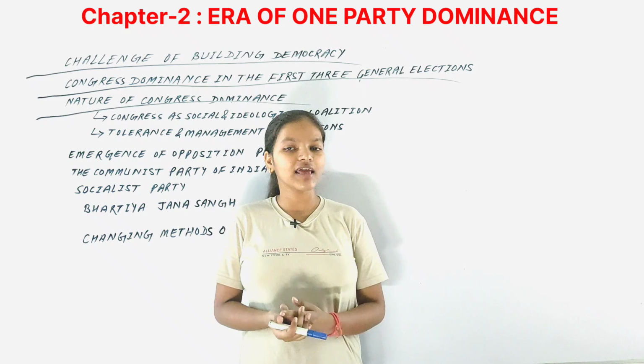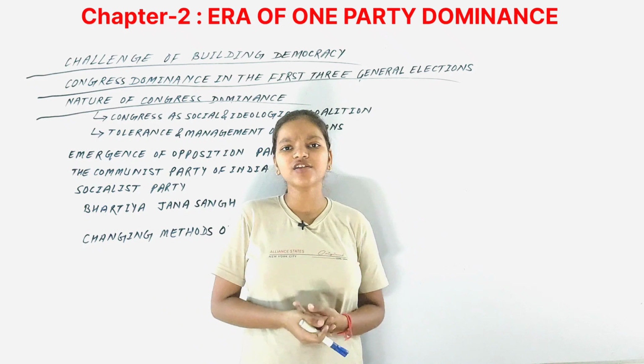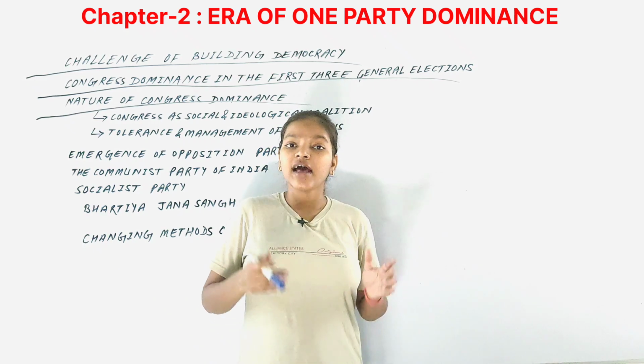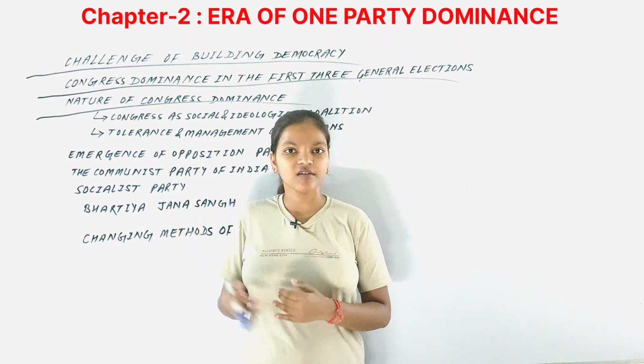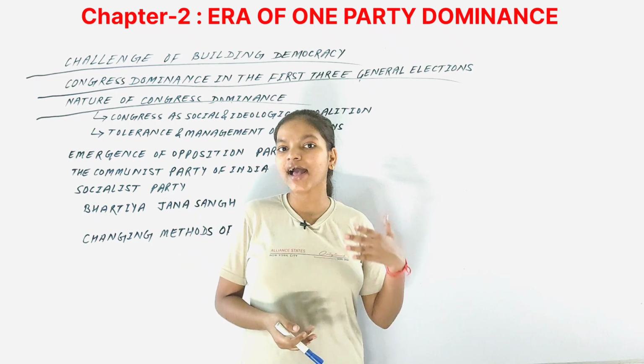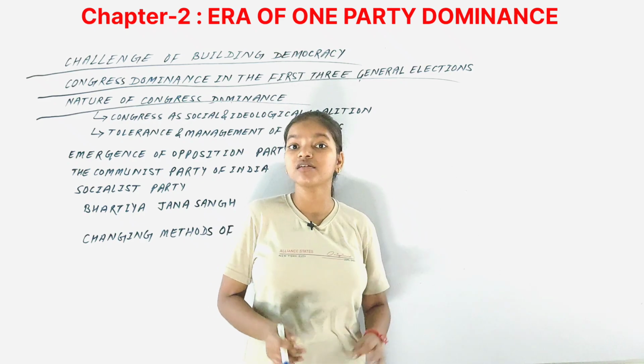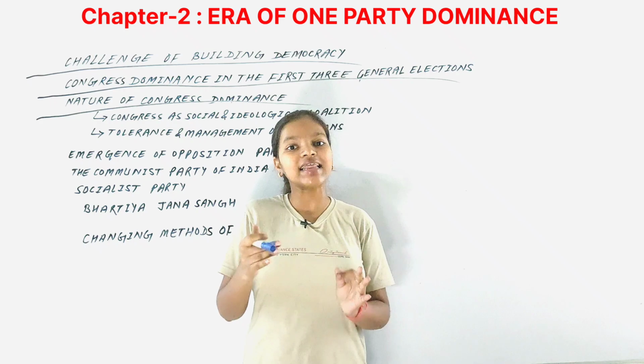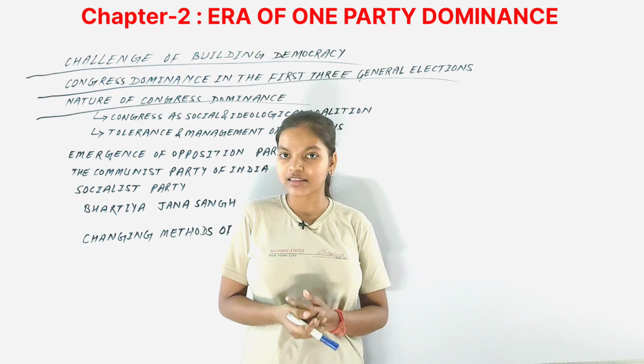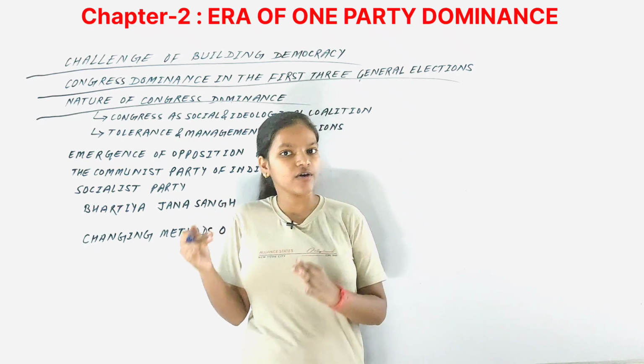Secondly, let's look at the case of South Africa. After the end of the apartheid system in South Africa, which party has been dominating that country? Of course, the African National Congress, because it had a major role in eradicating the policy of apartheid. So the same goes for India.